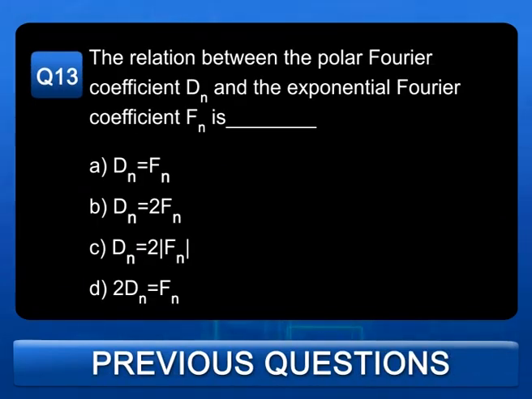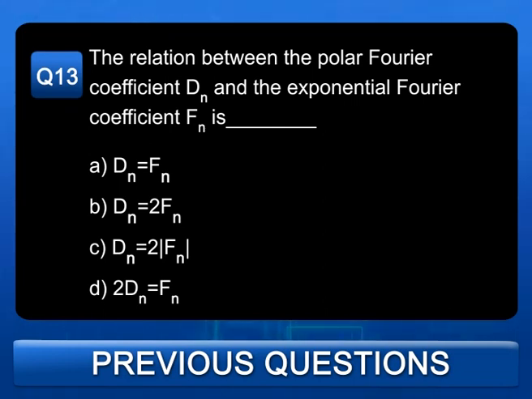The next question is, the relation between the polar Fourier coefficient dn and the exponential Fourier coefficient fn is dash. That means, we have to give the answer which indicates a relationship between the polar Fourier coefficient denoted by dn and the exponential Fourier coefficient denoted by fn.